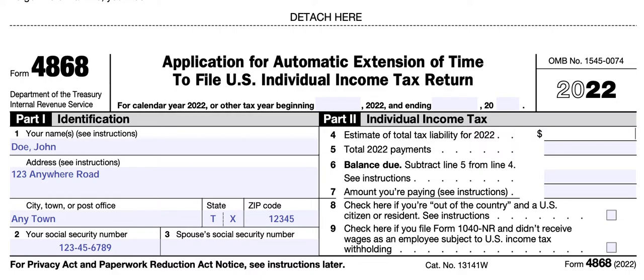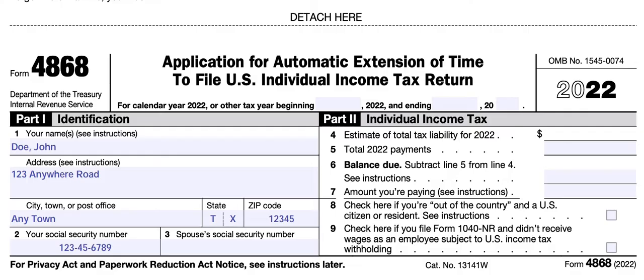This is one of the more common ways that people need to file extensions. You can simply use any tax planning projections or last year's estimates, as adjusted for anything that happened in the current year. You would simply put that estimate here.